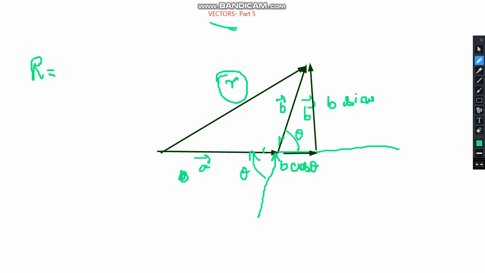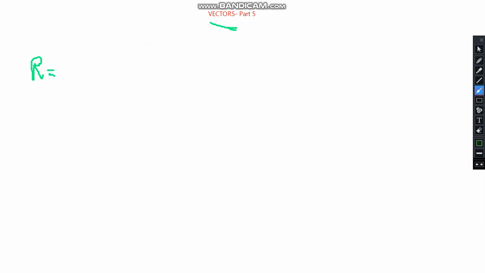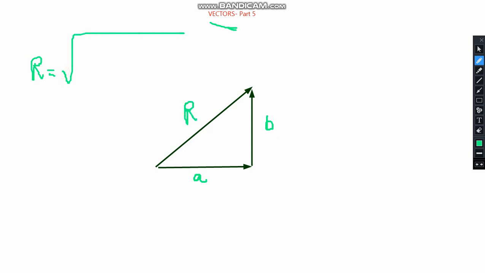I'll clear all of this. Okay. If the magnitude of the A vector is A and the B vector is B, then R is the root of A square plus B square plus 2AB cos theta, where theta is the angle between them.